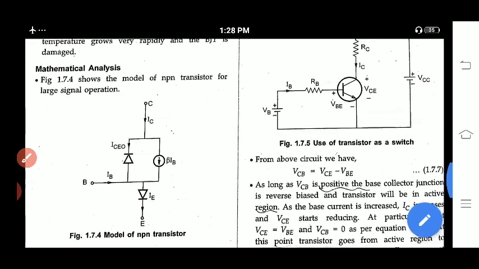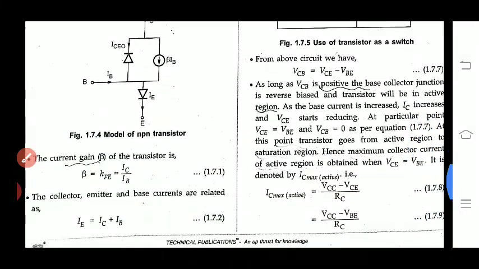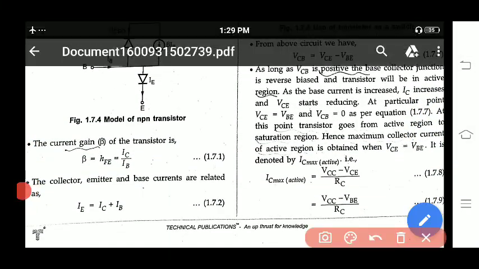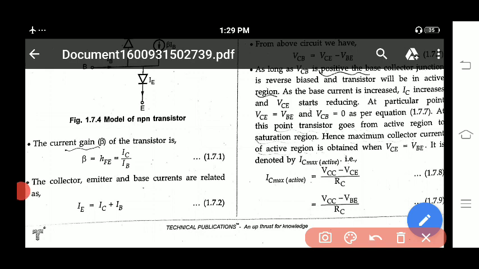Next we can represent this NPN transistor model. Current gain beta equal to IC by IB. Next, we already know this BJT nature: emitter current is equal to the sum of collector current plus base current, that is represented here.